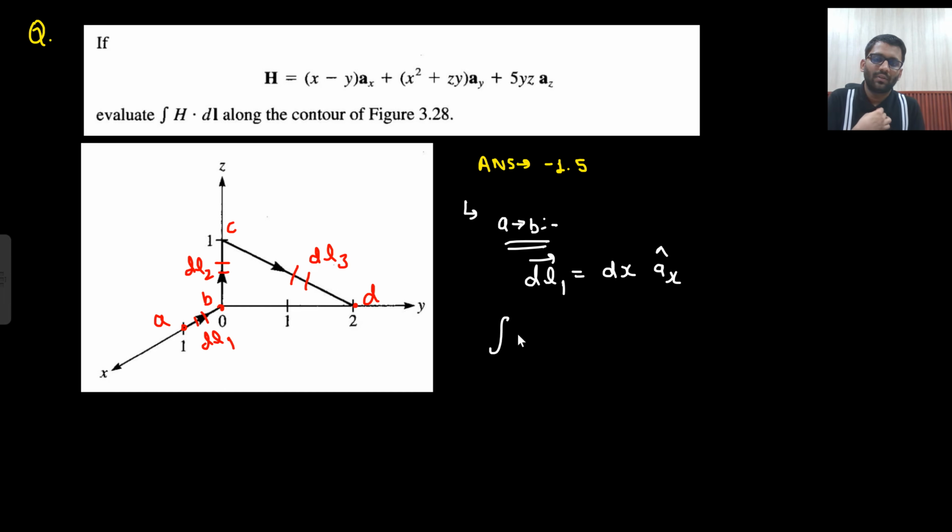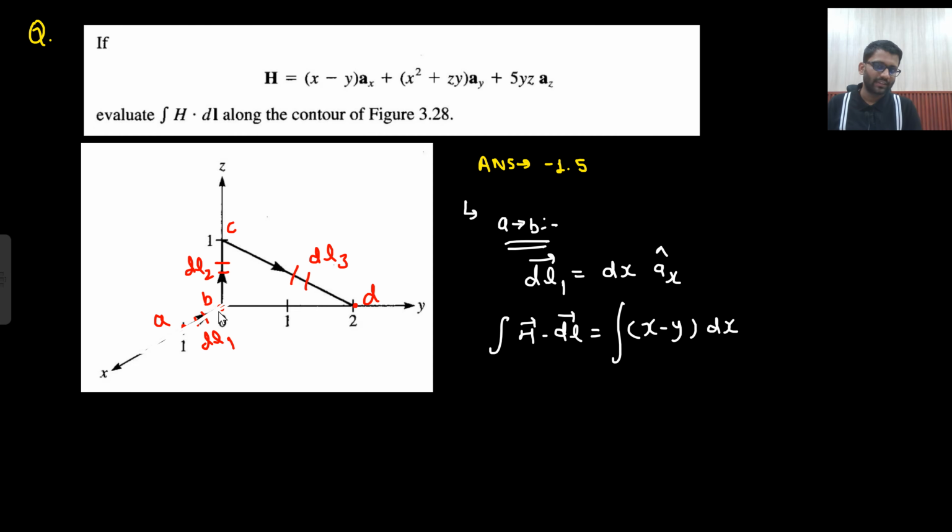Now H dot dl: x minus y into dx. On this line, what is the value of y? 0. You are working on the x axis, so what is the value of y? 0 only. So here the value of y is 0.